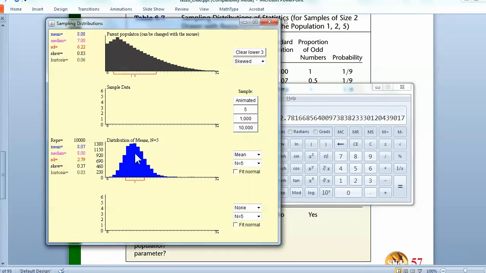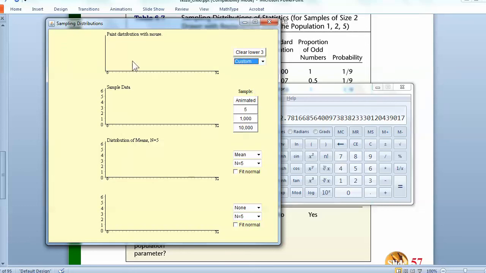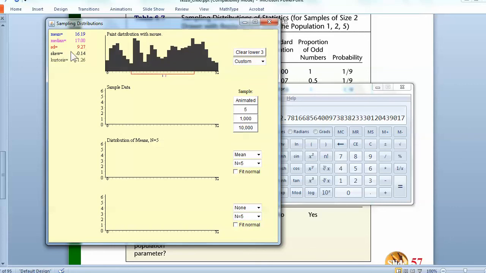The reason why this is key is because this distribution here is normal. As n gets larger, this is normal. And that's what we want, even if the original parent population was heavily skewed, or not regular at all. So let's just draw our own crazy distribution. So that's not normal, it's not bimodal, it's not uniform, it's nothing special.